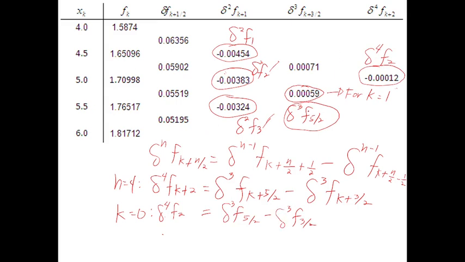So this is delta cube f5 over 2, this is delta cube f for k equals 0, 3 over 2. There. Delta cube f5 over 2 minus delta cube f3 over 2. So that's it.